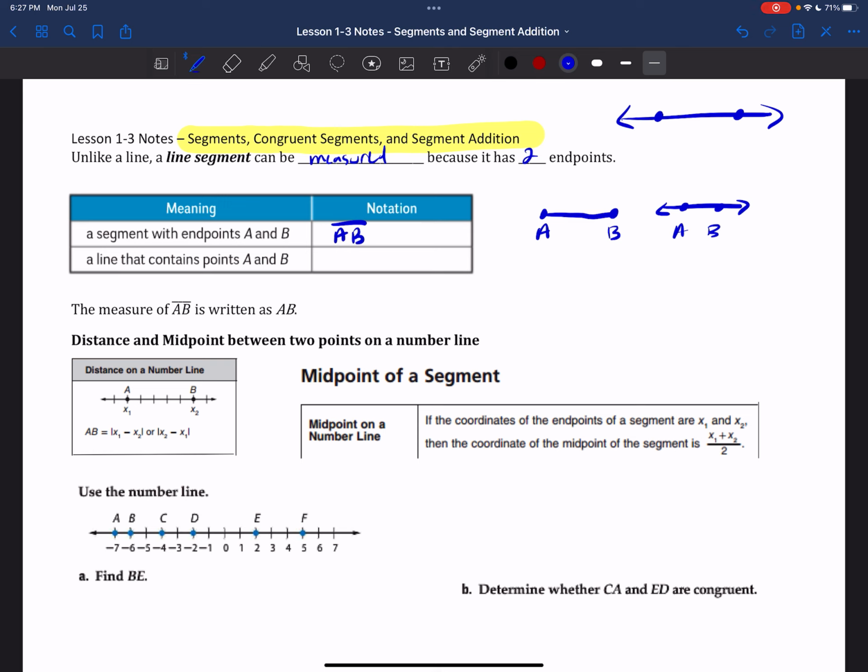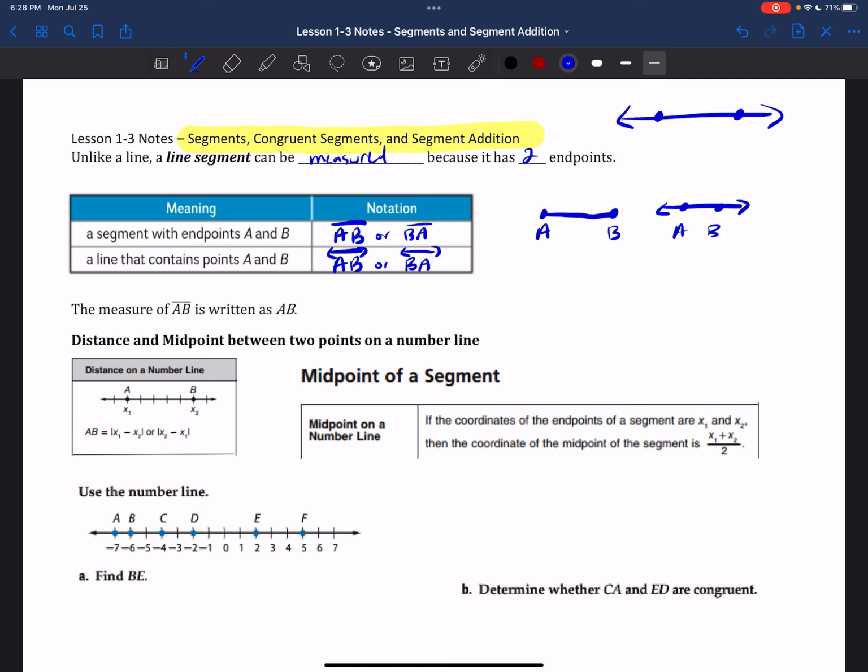So I have AB, and you draw the little line with arrows above it, and there you have line AB, or you can write BA. It makes no difference. And over here you can call this line segment BA as well. So this is line segment BA, and this is just line BA.